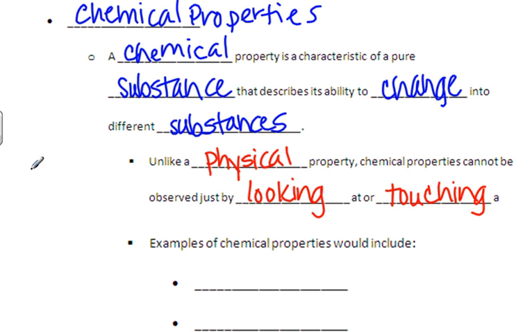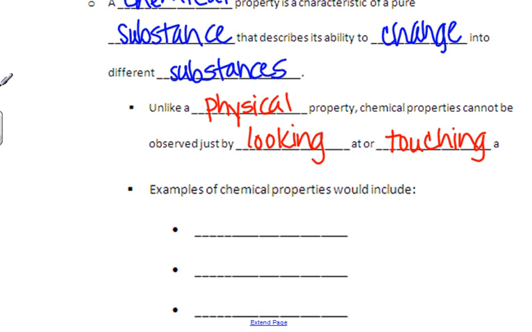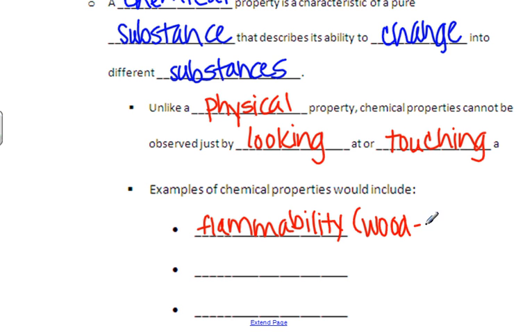Okay, so examples of chemical properties would include flammability, okay, so that's like wood that catches fire.